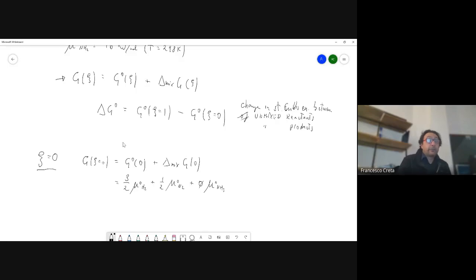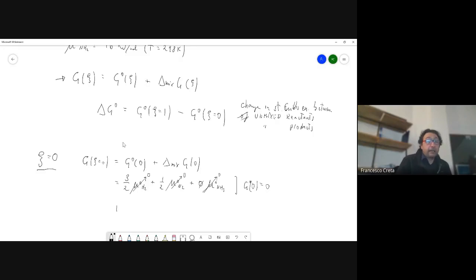Because of what we said before, the mu 0 for hydrogen is really 0, and it's also 0 for nitrogen, and this is also 0 because there's a 0 here. So in fact, G00 in this case is 0.